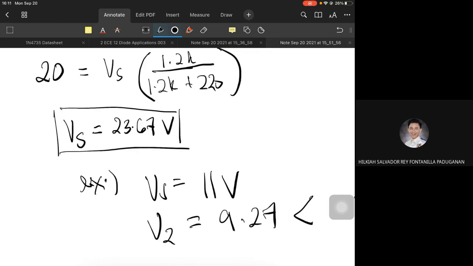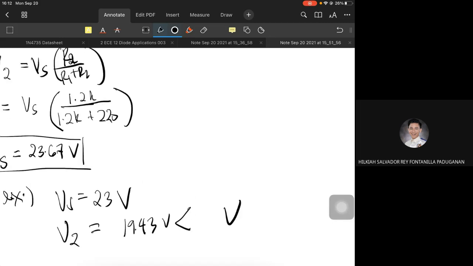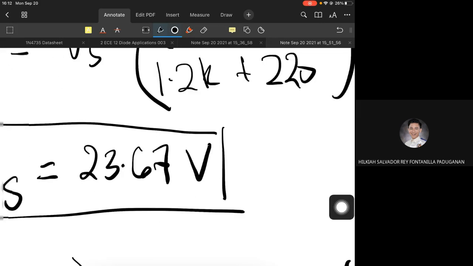So, example 23 volts, no? Not 11. Example, Vs is only 23 volts. So V is equal to 23 times 1.2 over 1.2 plus 0.22, which is 19.43. Which is less than this one, 23.67.